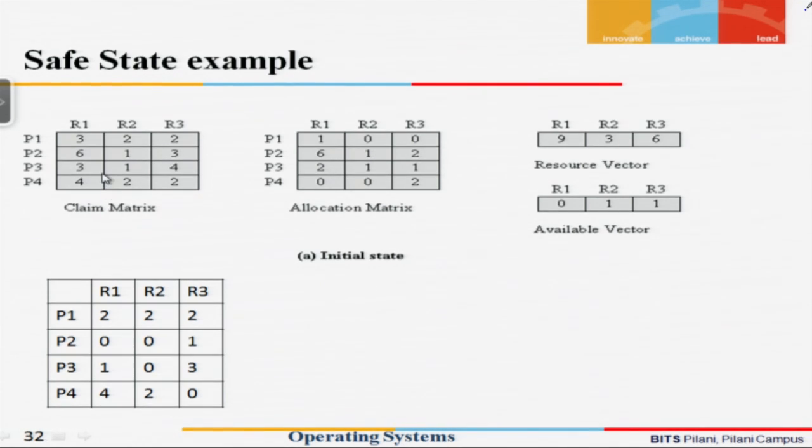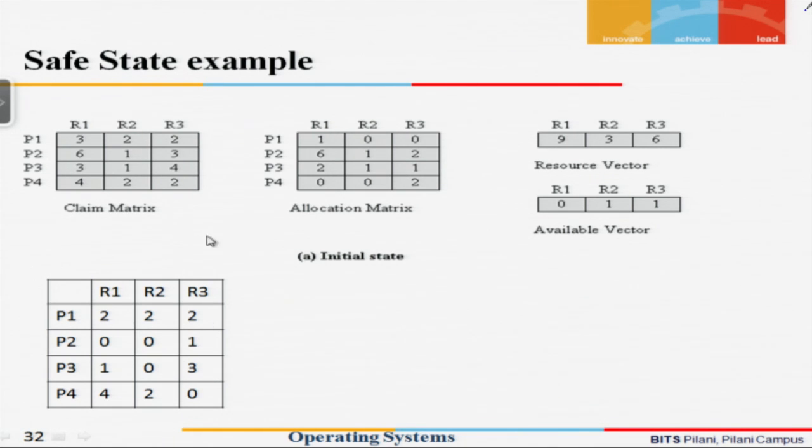From this, what we can do is derive the need matrix. Here I have computed and shown the need matrix. We can see that it is claim minus allocation. So 3 minus 1, that is 2 here, then 2 minus 0, 2 here, 2 minus 0, 2 here, then 6 minus 6, 0 here, 1 minus 1, 0 here, 3 minus 2, 1 here.